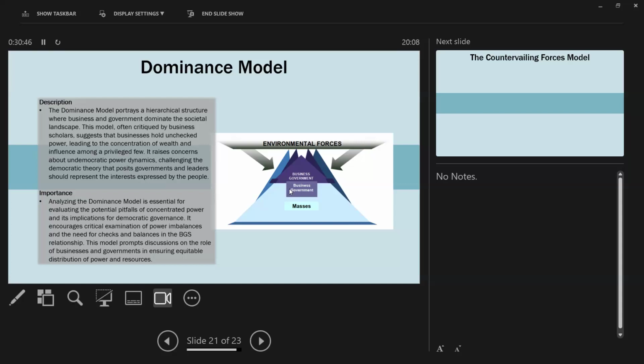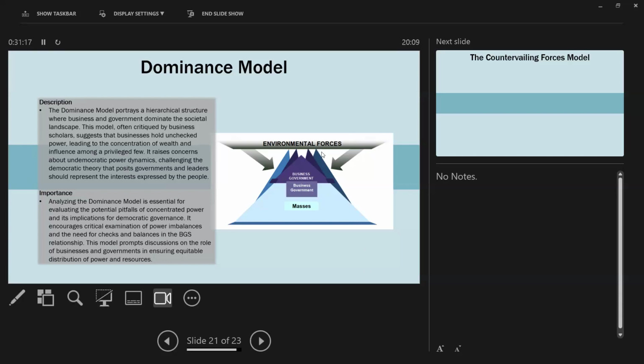This model, often critiqued by business scholars, suggests that business holds unchecked power, right? Leading to concentration of wealth and influence among a privileged few. It raises concern about undemocratic power dynamics, challenging the democratic theory that posits governments and leaders should represent the interests expressed by the people.